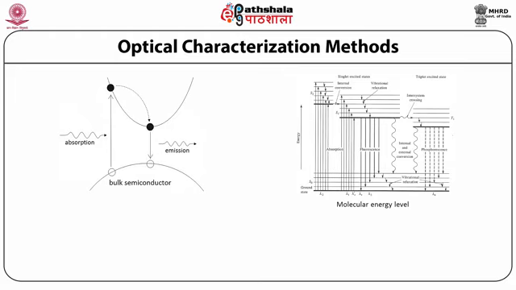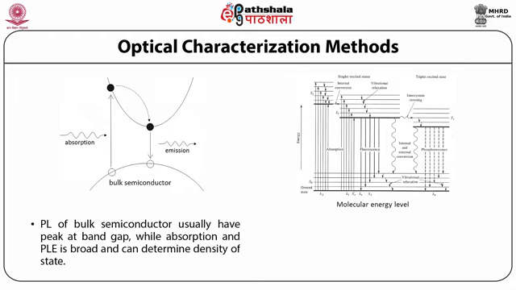This is the schematic showing how the PL of a bulk semiconductor usually has a peak at the band gap, while the absorption and photoluminescence emission is broad and can determine the density of states.